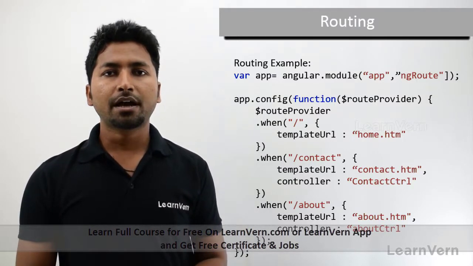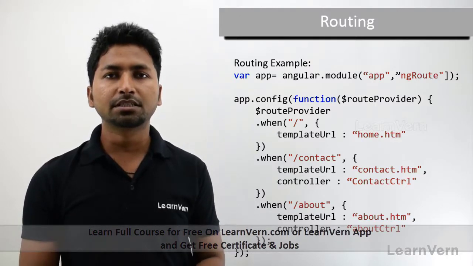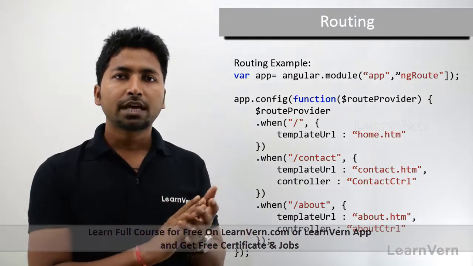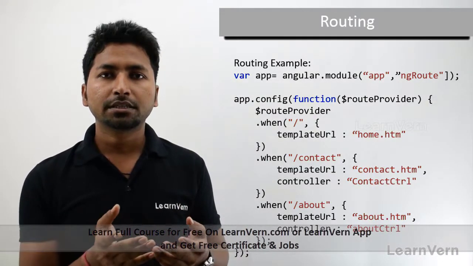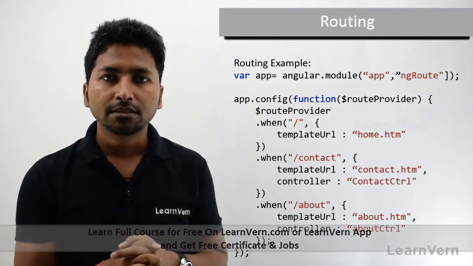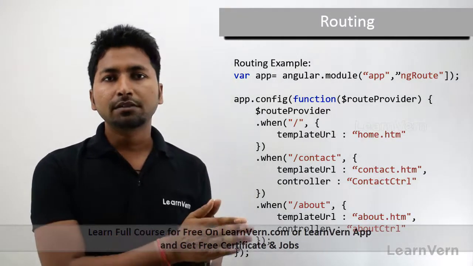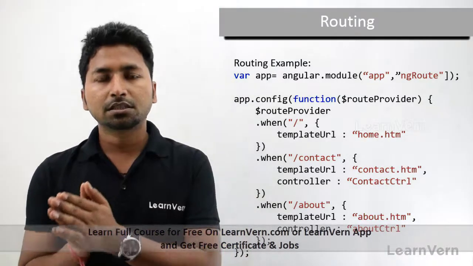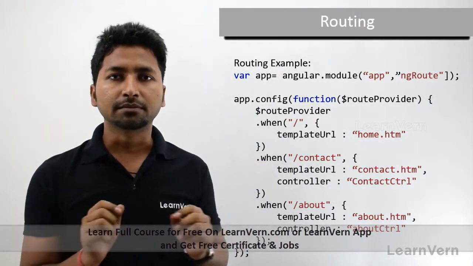Suppose I am writing something in my URL, or I am clicking some button and it is making some URL. That URL contains, suppose, home, or suppose contacts. Whenever home is in my URL, I will call another controller and another view, depending on that routing string.